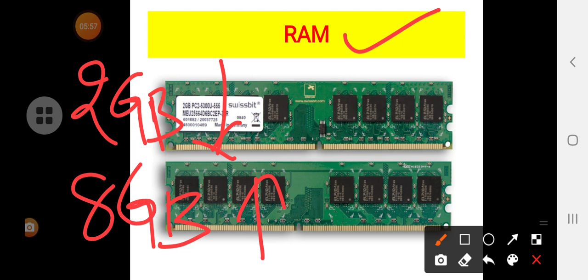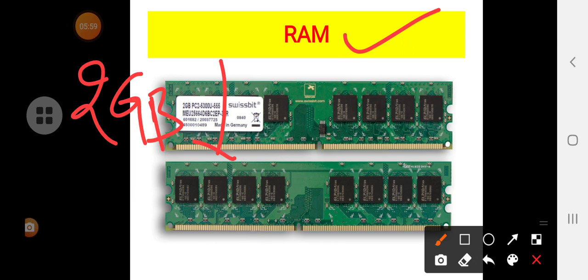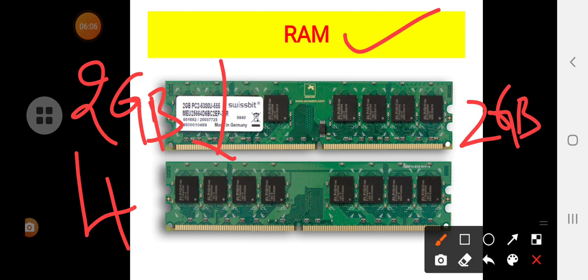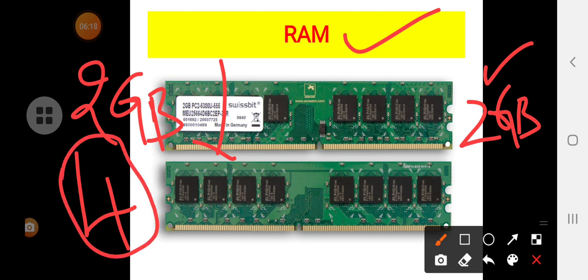In systems, we usually use 4 GB or 2 GB RAM. Usually in schools and colleges they use 2 GB RAM slots, whereas in company sectors they use 4 GB RAM slots.